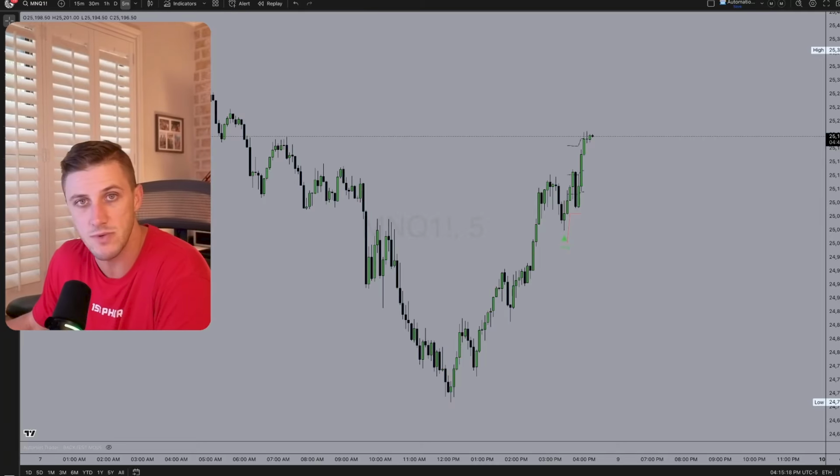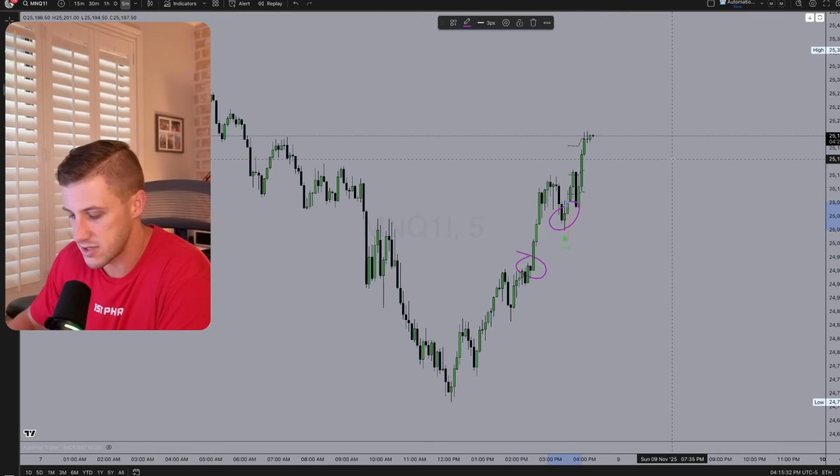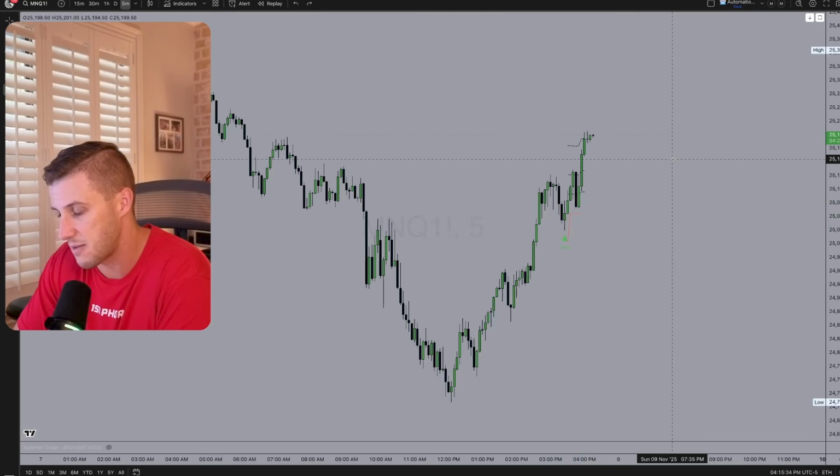If you watch the most recent APT update, you'll know that APT actually took a short somewhere in this area for NQ. MNQ did not trigger that same short and actually grabbed the long over here. So there are a little bit of discrepancies. Now, again, it's trading the exact same strategy.